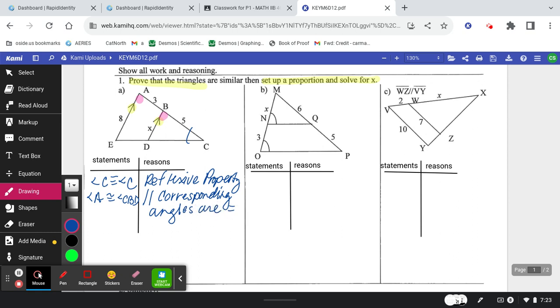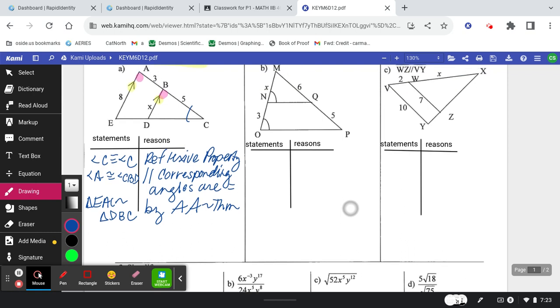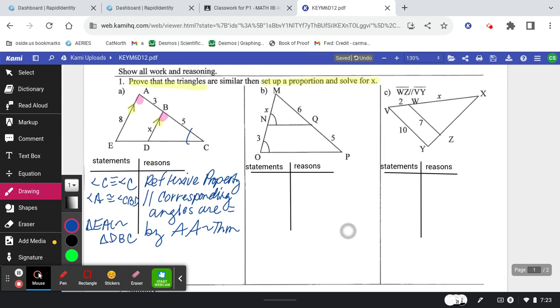And so since we have two angles, we can finally say that triangle EAC is similar to triangle DBC by AA similarity theorem. So there's our full proof with statements and reasons using AA similarity theorem.